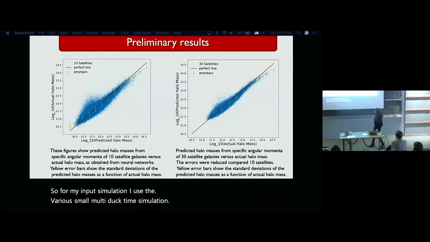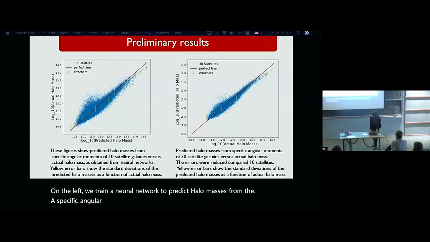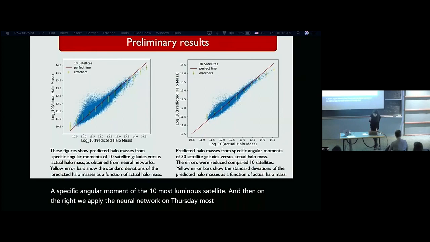These are the preliminary results of my work. On the left, we train a neural network to predict halo masses from the specific angular momentum of the 10 most luminous satellites, and then on the right, we apply the neural network on 30 most luminous satellites, and it yields more accurate central halo masses.